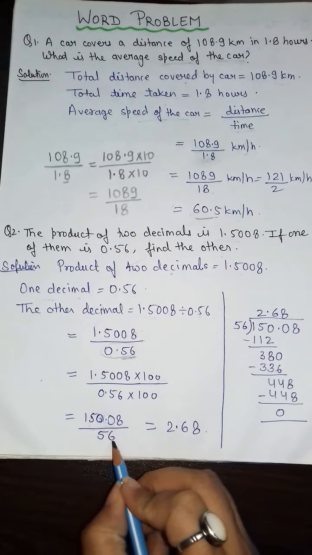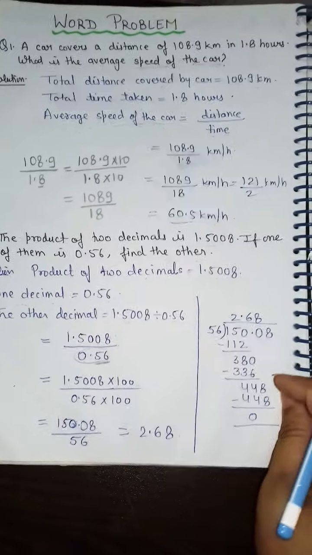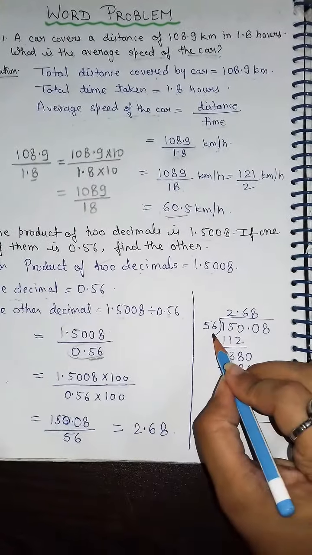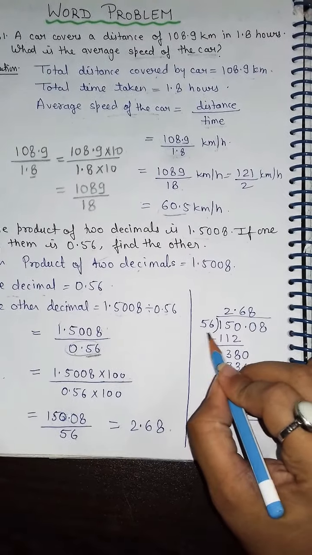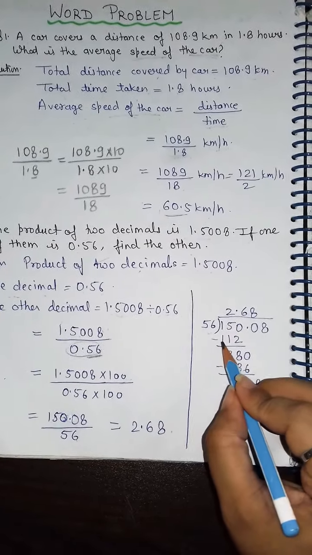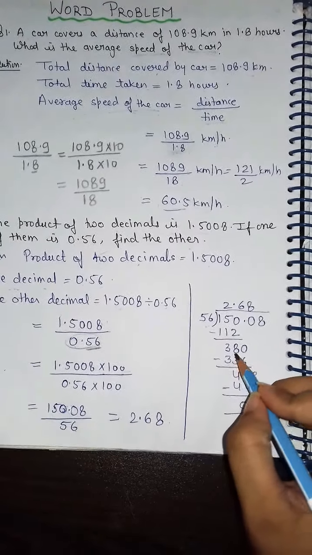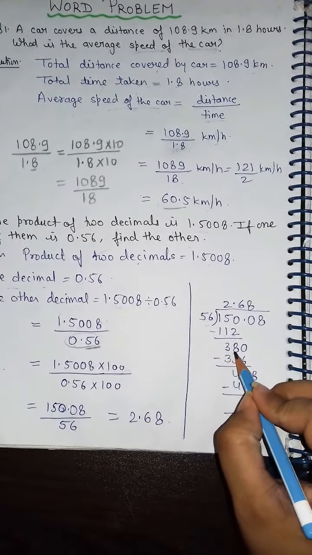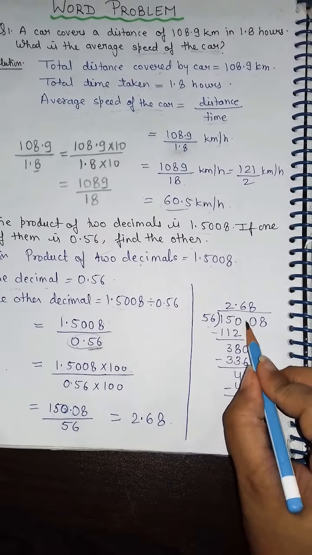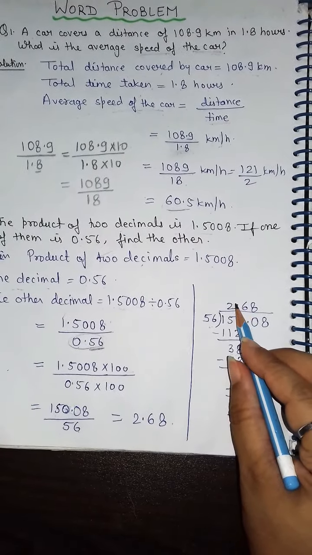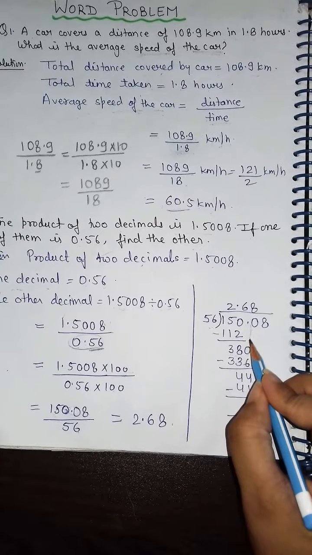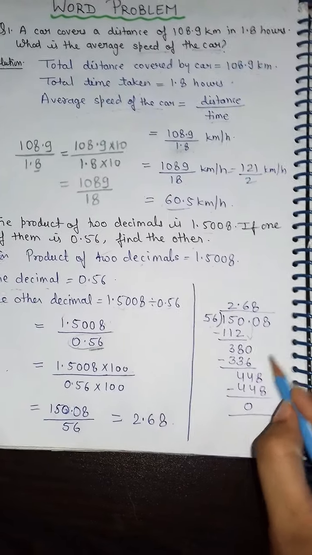Now the answer is 150.08 upon 56. Now divide as we divide whole numbers. 56 2s are 112. Subtract. Here remainder 38. Now put the point in the quotient and write down 0.